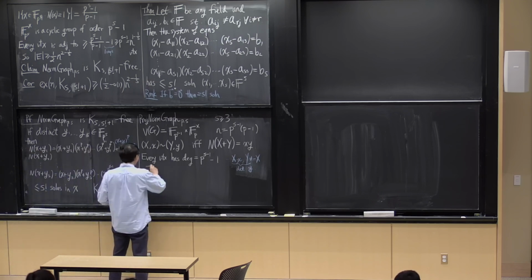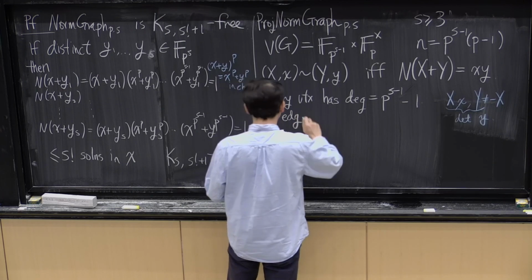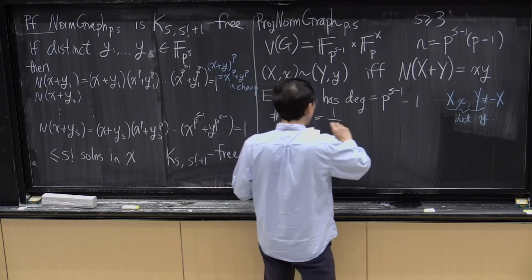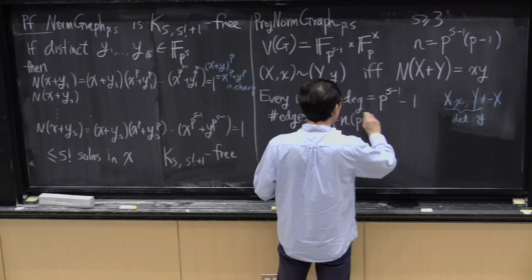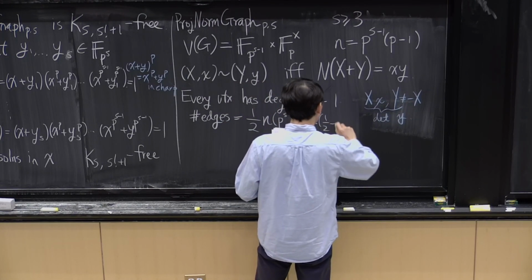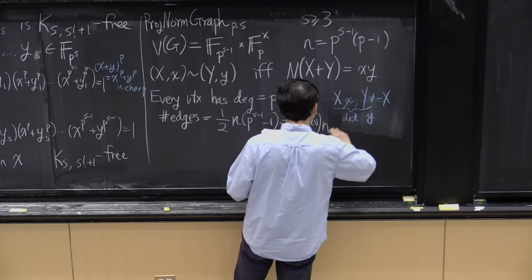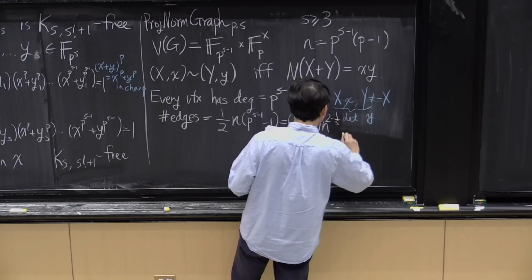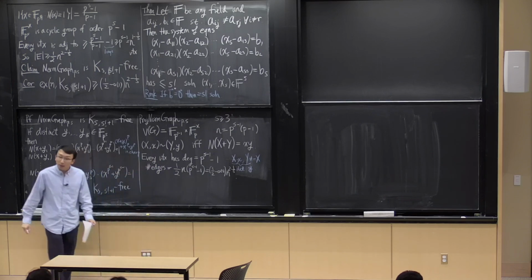So the number of edges then equals one half times the number of vertices times the degree of every vertex, which, as before, is the claimed asymptotic.